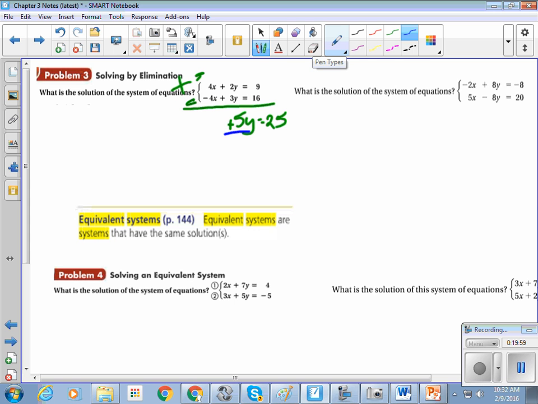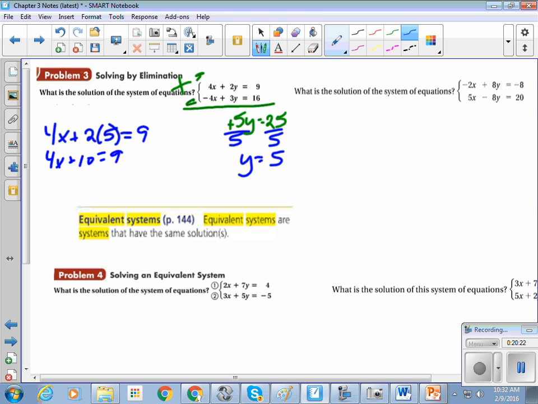So to solve for y, I'm going to divide by 5. So now I know y is equal to 5. Yay! So if y is equal to 5, I can plug him into my most simple equation and solve for my other variable.